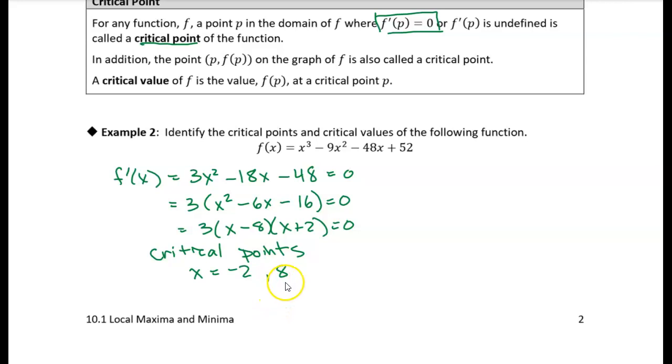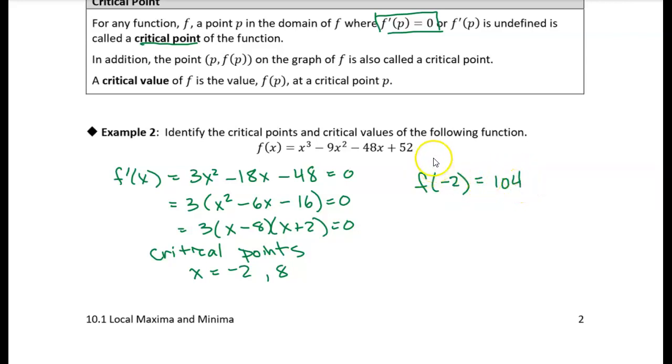So these are considered critical points, and if I evaluate the function at those points, so if I just take the original function and I plug in a negative 2, I get the value of the function at that point. Okay, so if I put in negative 2 and do negative 2 cubed minus 9 times negative 2 squared and so on, just put negative 2 into the function, I get 104.